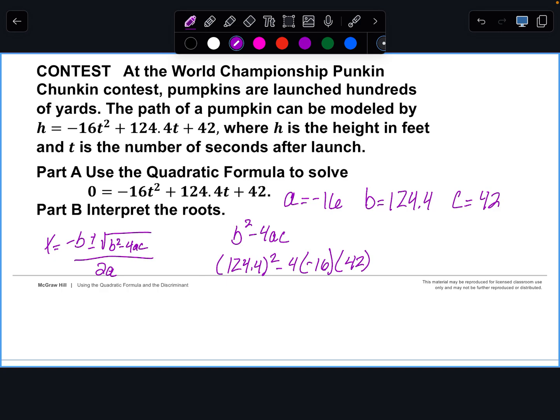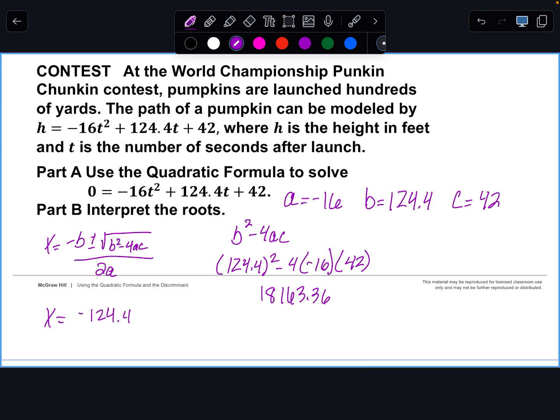That's the way I would encourage you to put that in your calculators, because that is going to take care of all of the signs for you, if you're using parentheses. What do we get? Big number. 18,163.36.